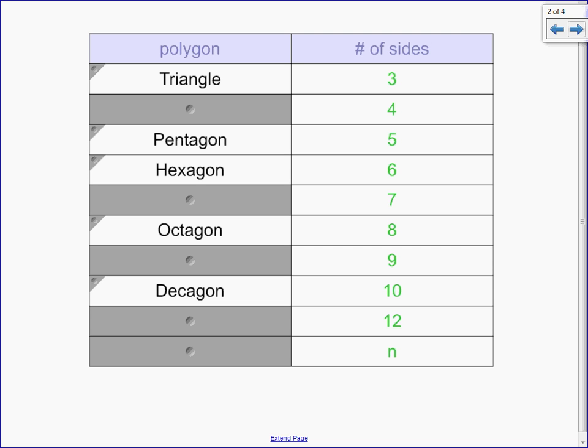Really, really close. Not quadrangle. Quadrilateral is the official name of a 4-sided figure. The 3 up here are pretty typical, the last 3 to be named, because they're not used very often.